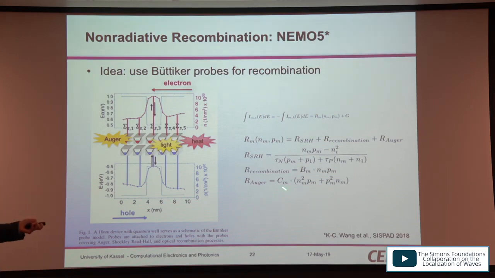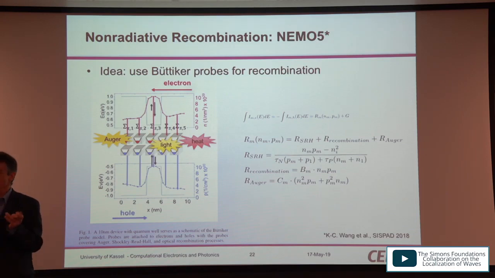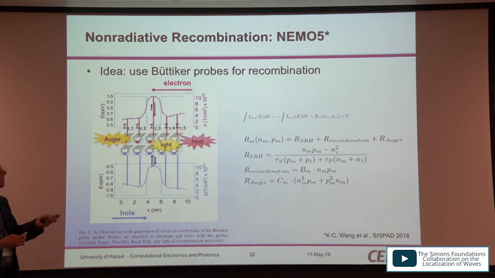They take the classical equations that all of you know and use those for introducing the non-radiative recombination. Of course, with the downside that it's not energy resolved, so you do not really know which carriers in K-space recombine with what kind of strength. But that's an approach they have been pursuing. They presented that last year. We have excluded these non-radiative recombinations up to now.